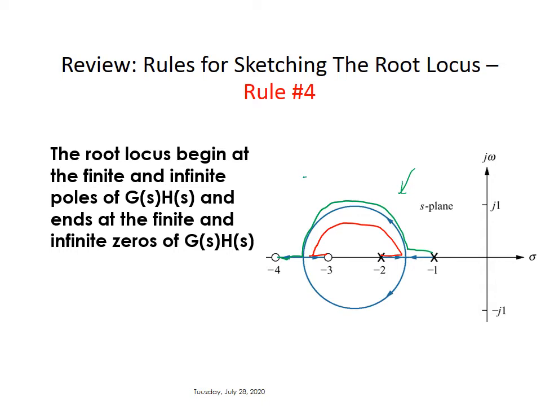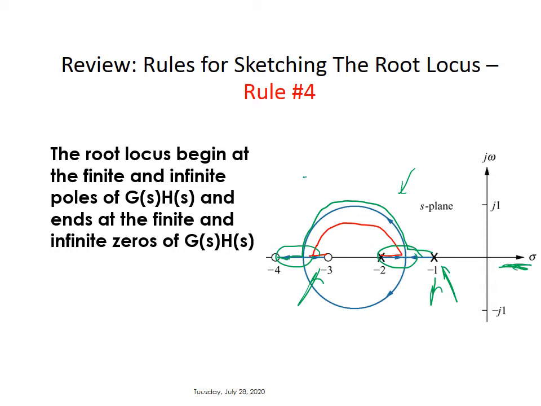But as for rule number 2, it says that it should be symmetrical, and we can see that it is symmetrical about the real axis sigma. And then the third rule was that it is on the left of an odd number. So we can see that the poles on the real axis are always on the left of the odd number as well, right? So this is rule number 4, and it is basically the first rule that we apply because it's the easiest one.